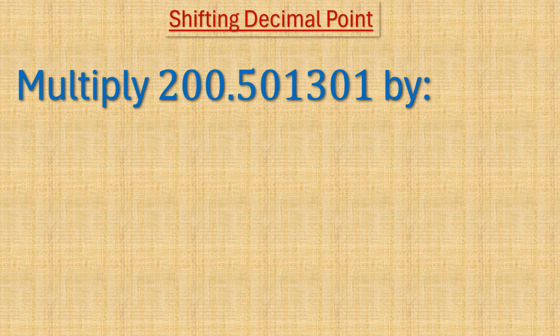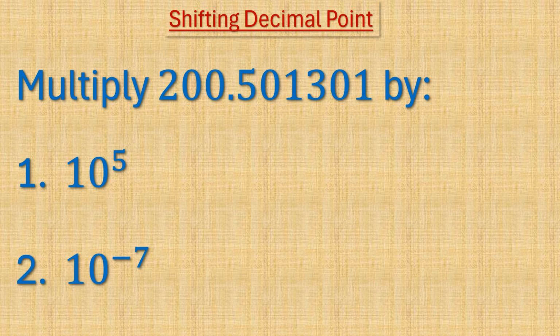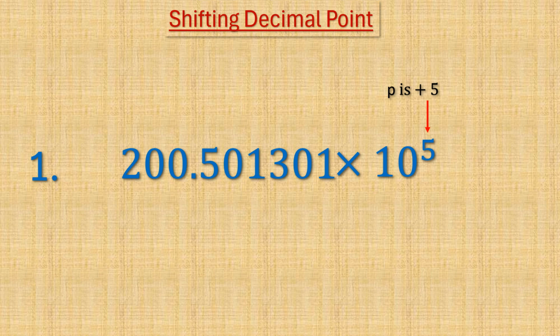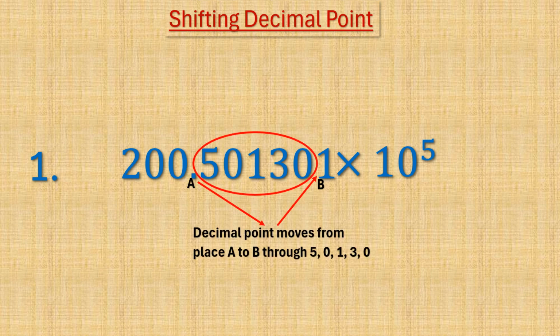Multiply 200.501301 by 1. 10 to the power of 5. 2. 10 to the power of minus 7. Since p is positive, the decimal point is moved 5 places to the right, through digits 5, 0, 1, 3, and 0, with the corresponding value of m equals minus 1, minus 2, minus 3, minus 4 and minus 5.